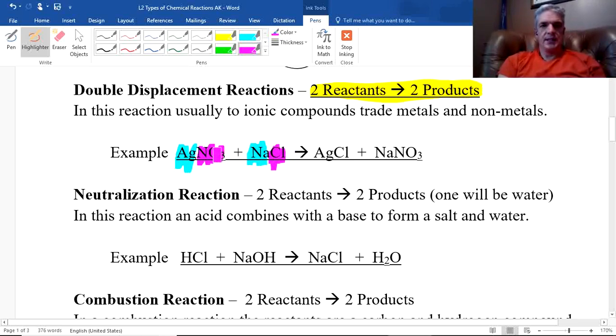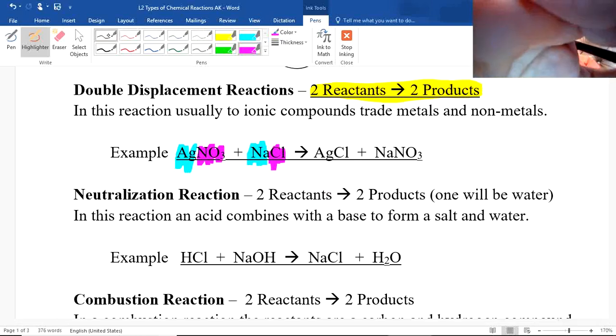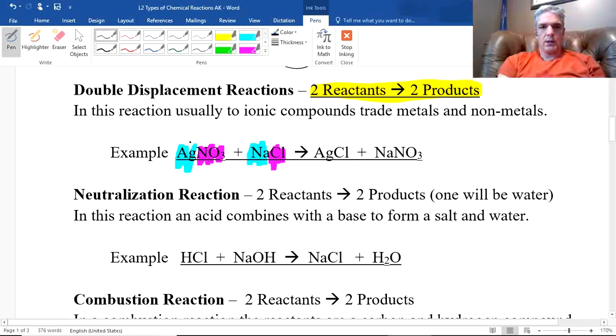Nitrate is a non-metal polyatomic ion, and chlorine is just a non-metal. And what happens is, you'll see when we go to this equation, is that these 2 here have switched places, okay? So these 2 trade places. So now where the sodium is, we now have it combined with the nitrate, and the silver is now with the chlorine. And we refer to that as a double displacement reaction.